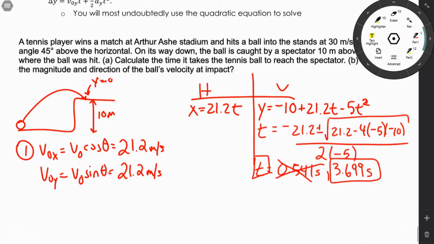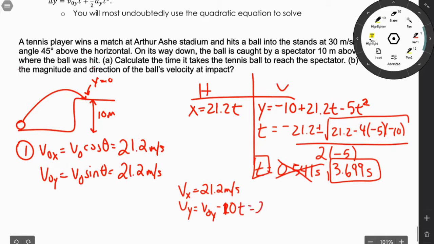Now, just like we've done before, to find the magnitude and direction of the impact, we're going to find Vx and Vy. Vx is always 21.2, our initial value. Vy is simply V0y minus 10t.